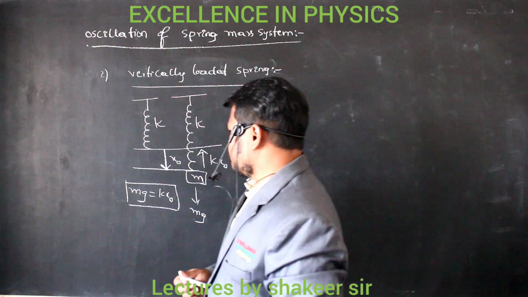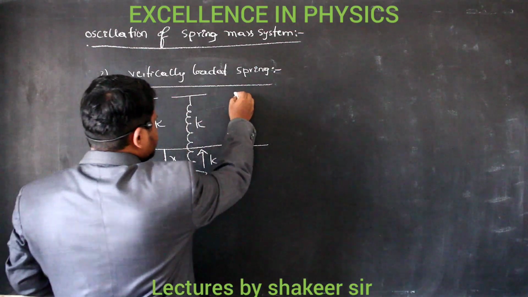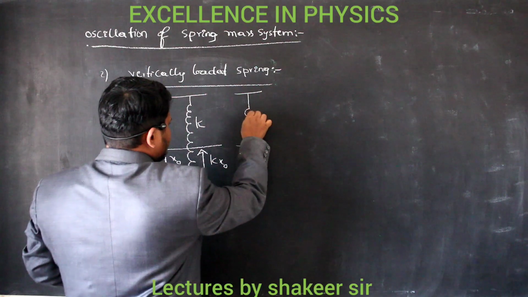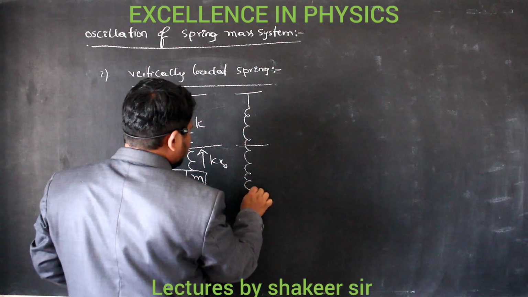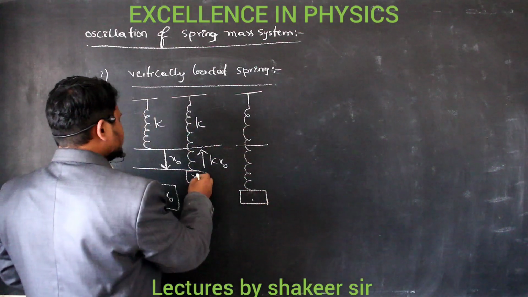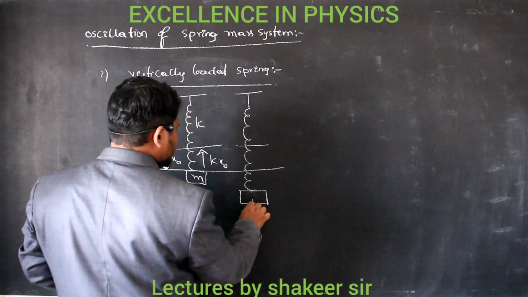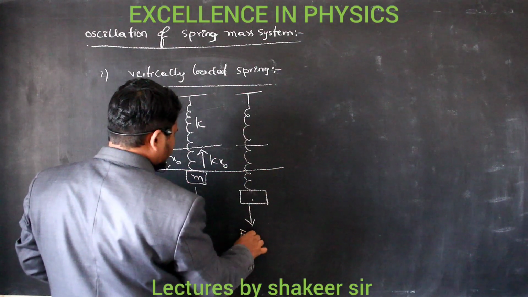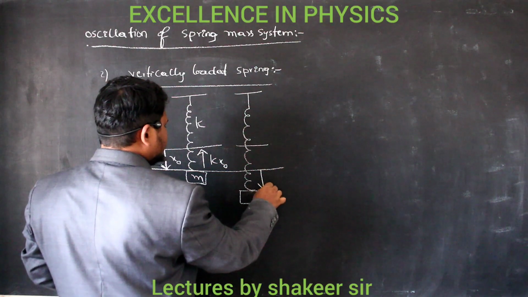Clear? Now what I do is, I will apply some force, then I will pull this spring a bit further, to some more elongation. So if this is the previous position when the mass is suspended, now by applying some force F, clear, I have further expanded this spring to an elongation of x.